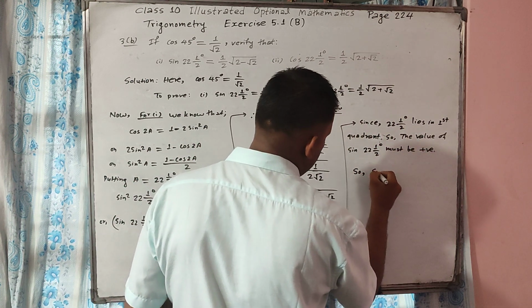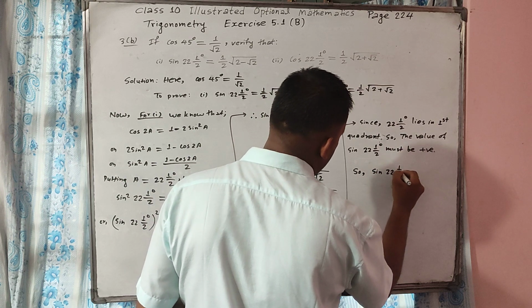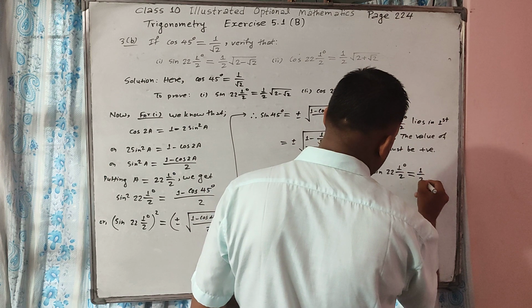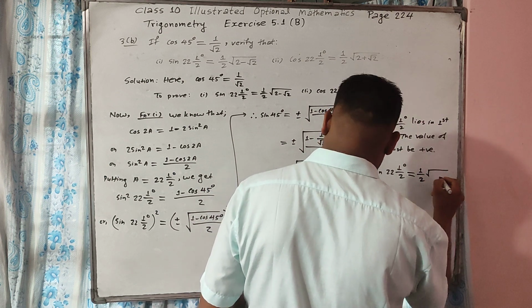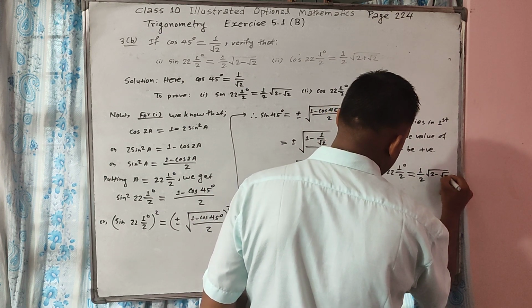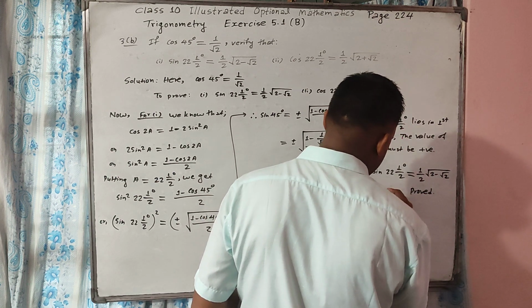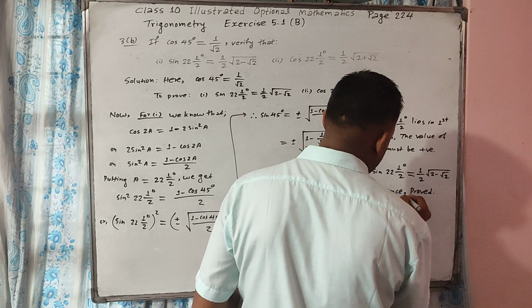So sin 22 and a half degree equal to 1 by 2 square root of 2 minus root 2. Hence proved.